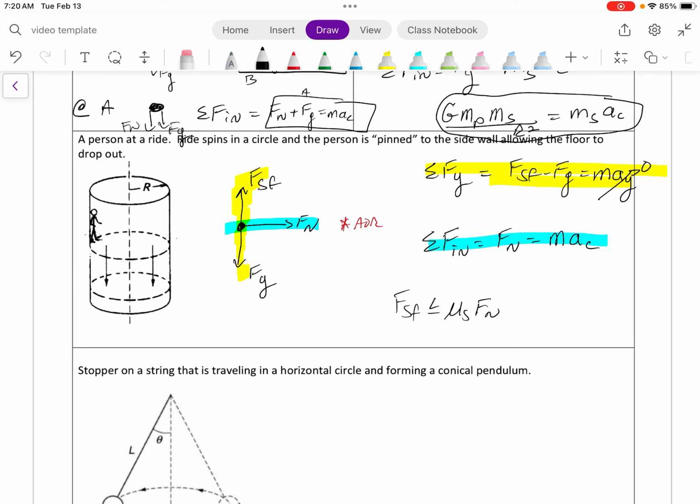So the faster I'm spinning, v squared over r, the larger the force normal is, the larger the force of static friction is. So there's a minimum speed. This number for force of static friction has to be high enough to overcome the force of gravity. So that speed will impact force normal, which will then impact force of static friction.